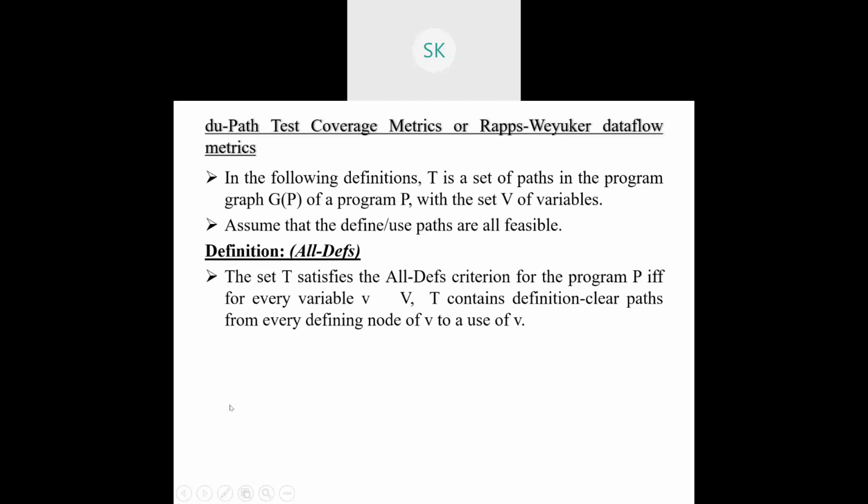The set T satisfies the all definitions criterion for the program P if and only if for every variable V belonging to V, you know the belonging symbol, you can just mention it. Belonging to V means whatever variable you choose should be available in the variable set V. T contains definition clear paths from every defining node of V to a use of V. From the defining node till the usage node, all the definitions should be taken into consideration.